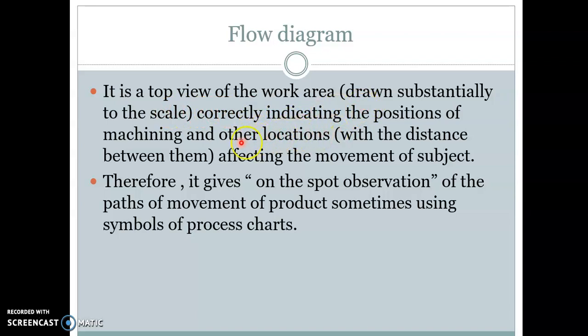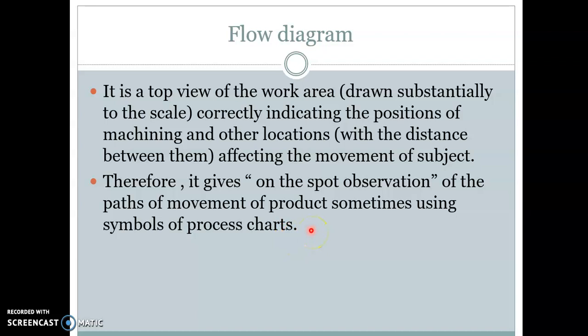It indicates the position of machines and other locations with the distance between them affecting the movement of subjects. Therefore it gives on-the-spot observation of the paths of movements of the product, and sometimes uses symbols of processes. As said, the flow diagram is more suitable for simple cases, and if the path is congested, these diagrams are not suitable.